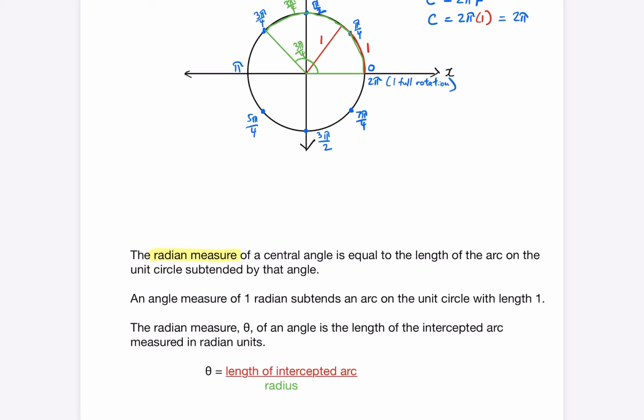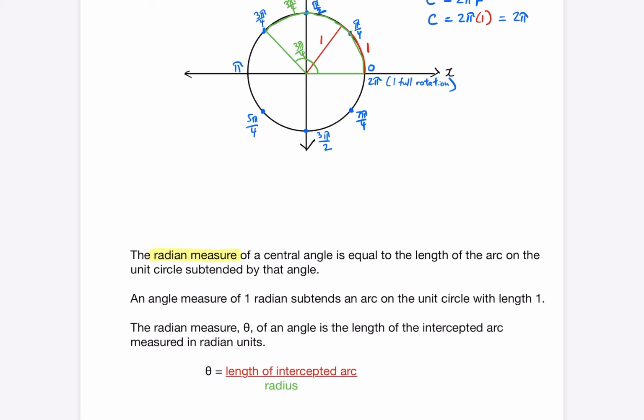And so the formula for theta, therefore, is right here. The angle theta is equal to the length of the intercepted arc divided by the radius, okay? Now, we know that from the unit circle, the radius is always 1, and so in this case, theta is just equal to the length of the intercepted arc, which is essentially the radian measure, okay?